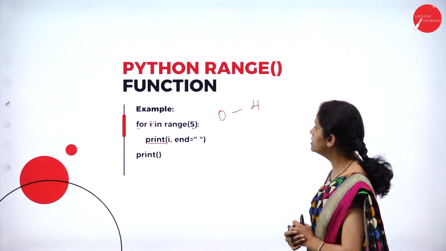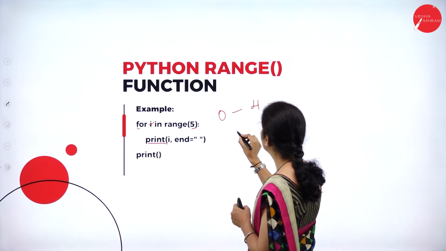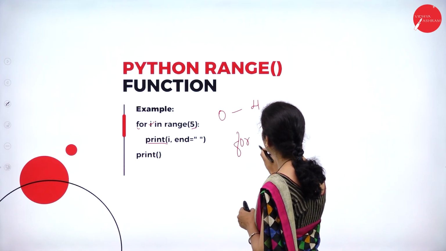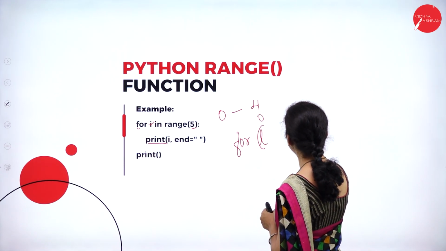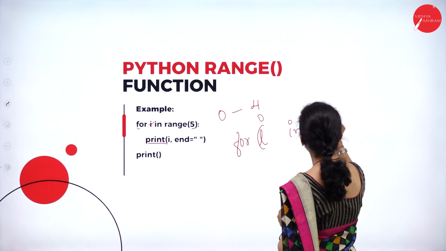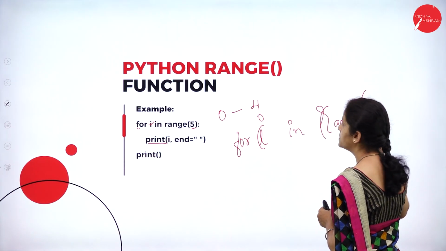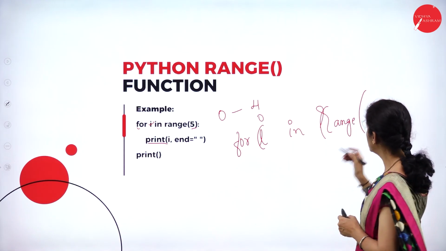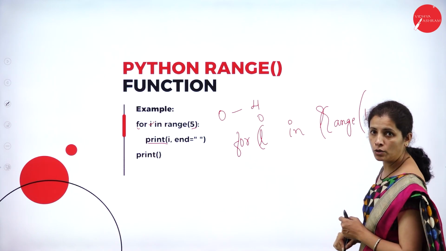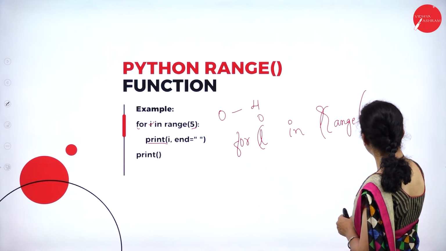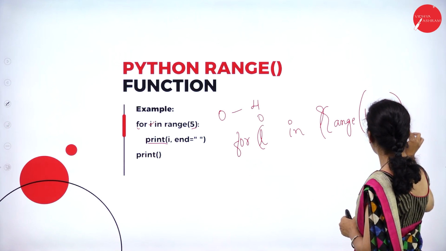I don't want this range. I want to specify my own range. Then what will I do? I'll start with for, then I'll write i in range, and specify the value. I want to start from the value 1, comma, stop when it reaches 5, and each time increment by 1.